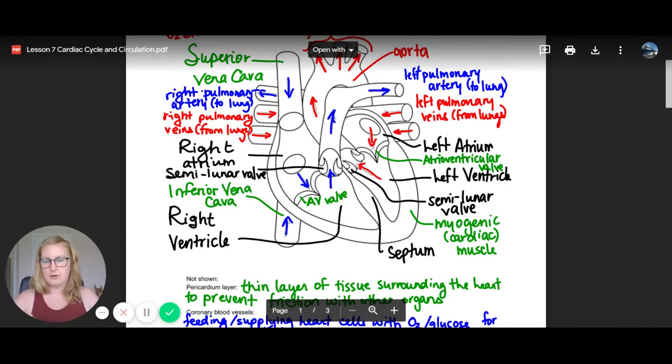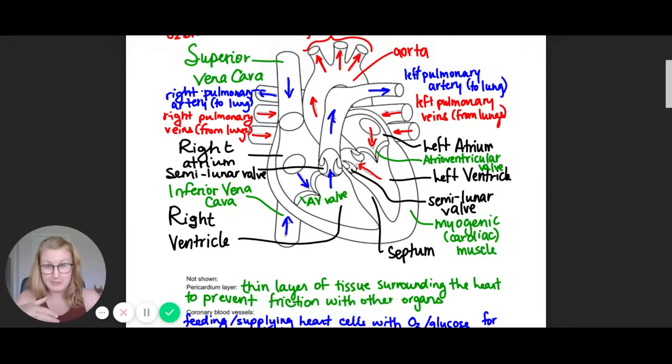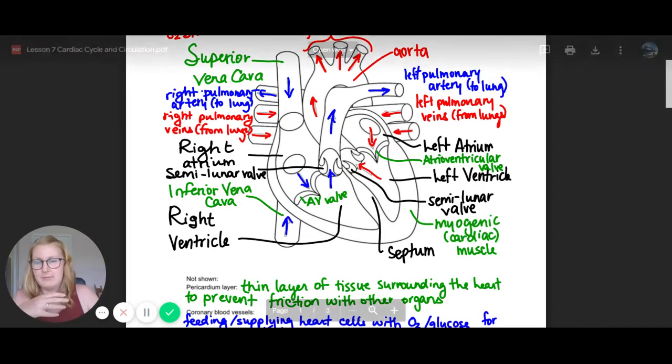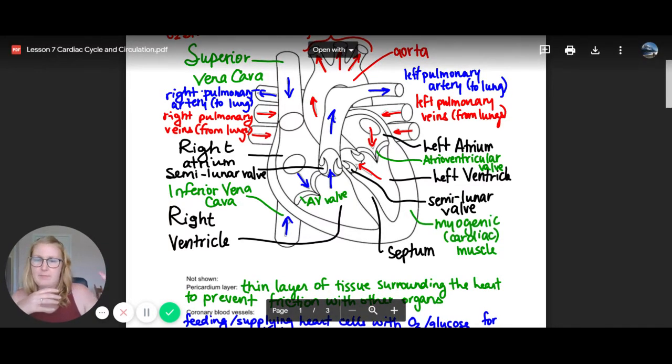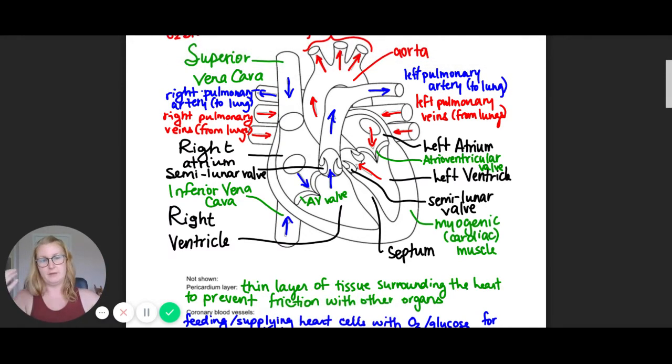So even though it's deoxygenated blood here going to the lungs, we still call it an artery. Here we have veins carrying oxygenated blood, which is unlike the rest of the system. But same idea is that anytime a vessel moves blood to the heart, we call it a vein. So that's the reason this is right and left pulmonary vein. So that's why it's like that.